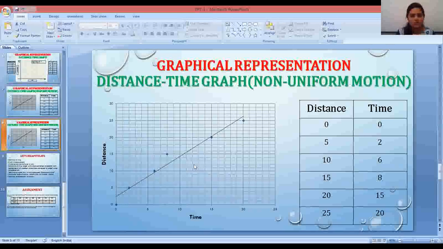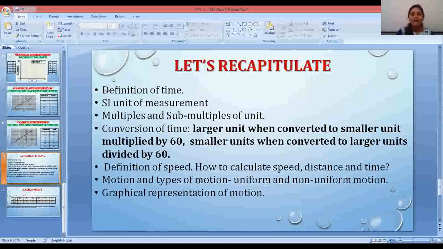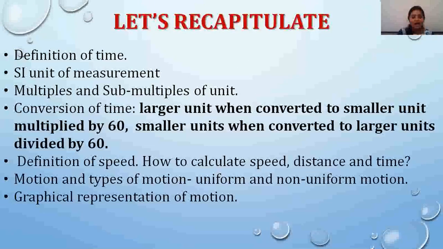So this clearly states that the motion of the body or object that you see here is non-uniform motion. Okay, at the end of the entire chapter, what have we learned till now? We are able to define what is time. We are able to decide why the standard measurement was required. We studied multiples and sub-multiples of units.